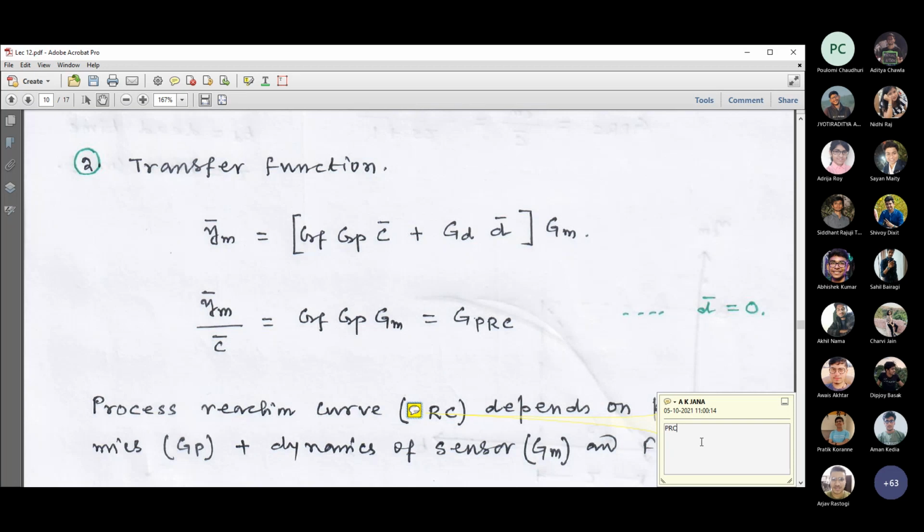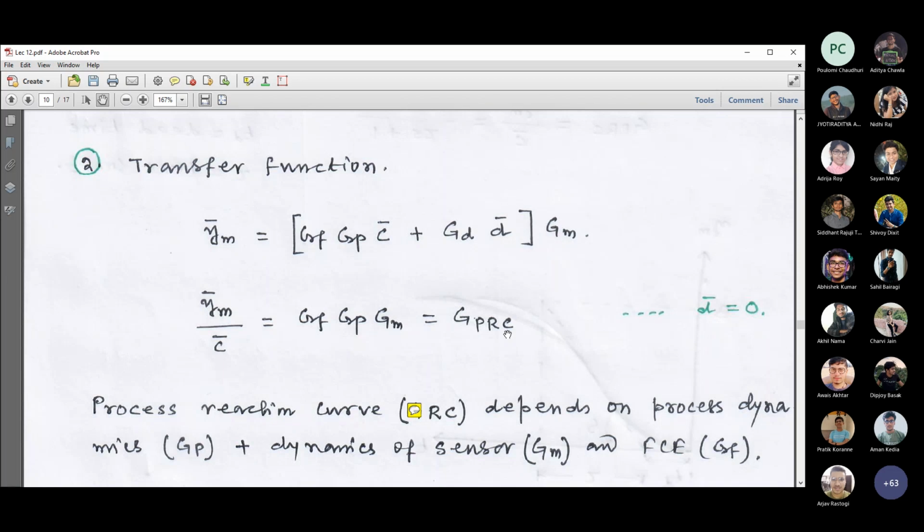And you see, this is called the process reaction curve. This transfer function is GPRC. The suffix PRC denotes the process reaction curve.